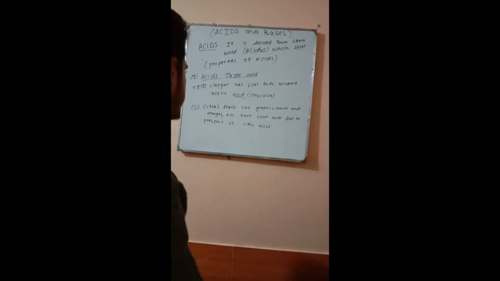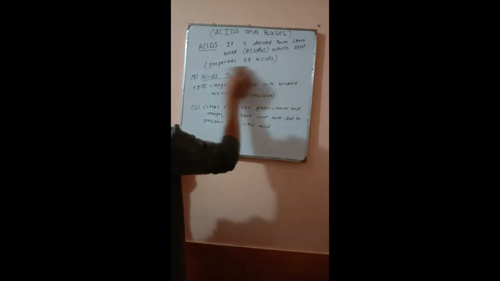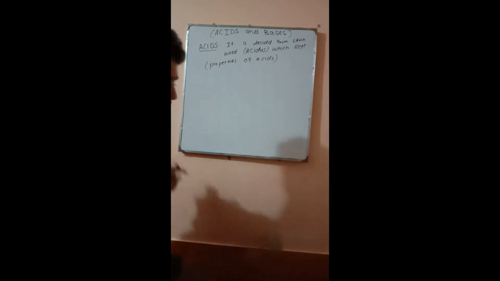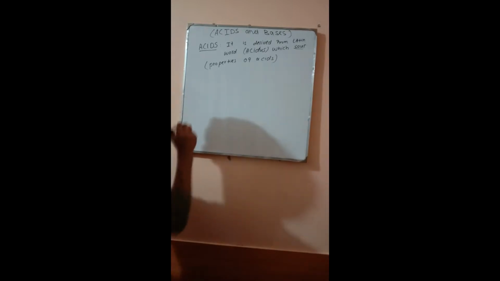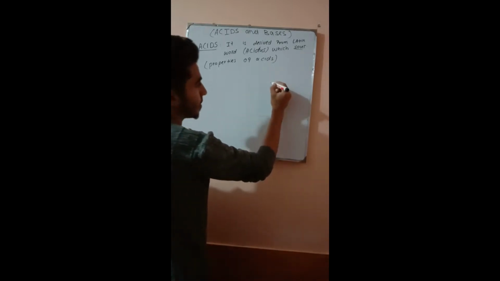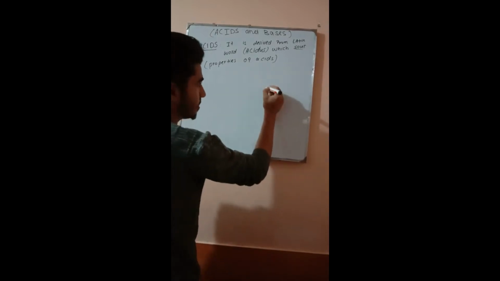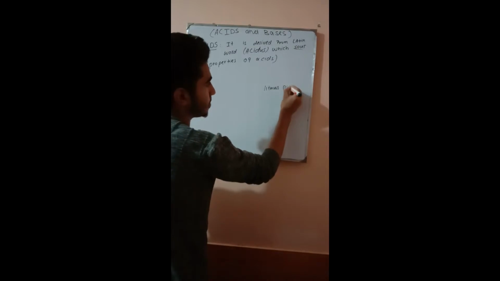The next property of acids involves litmus paper. First, some knowledge about litmus paper.